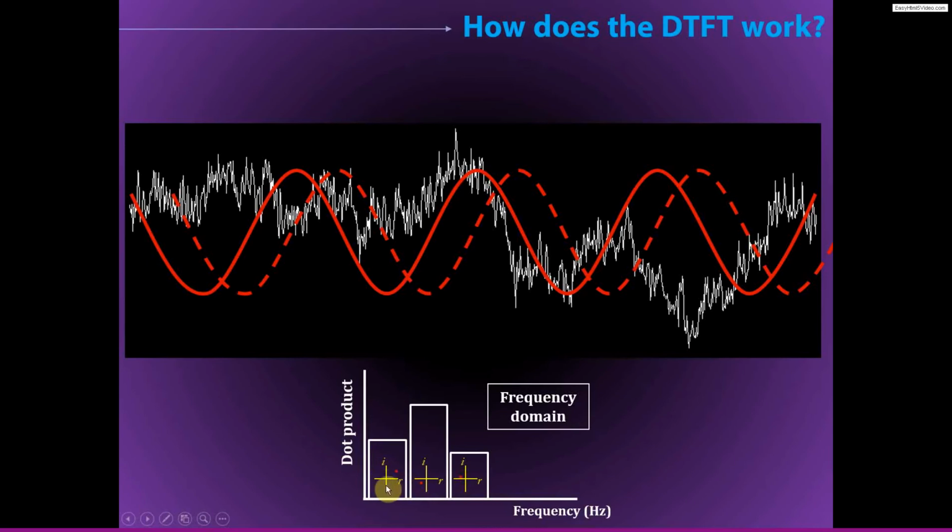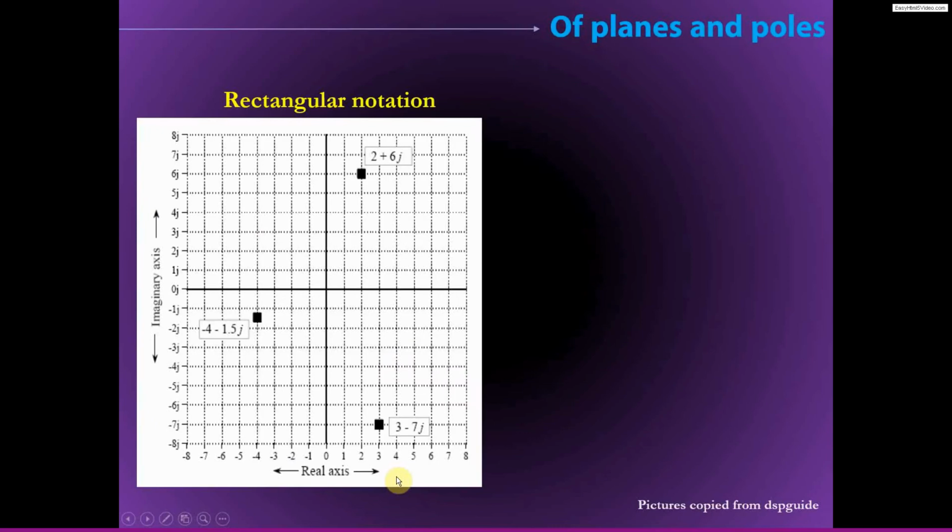Okay, so now let's try and think about what this result means and what we do with this result. We have to take a brief aside to talk about rectangular notation and polar notation. So here, this is very similar to what I showed earlier. We can think about complex numbers. This is from a book called DSP Guide, which you can get at dspguide.com or something.